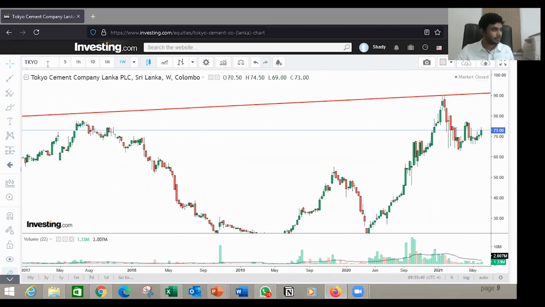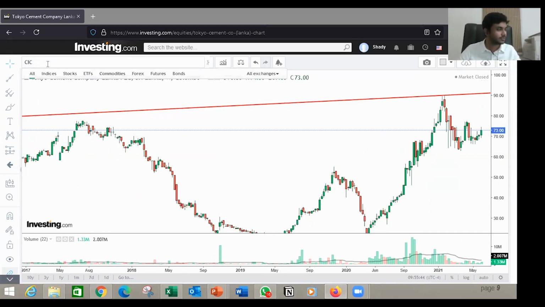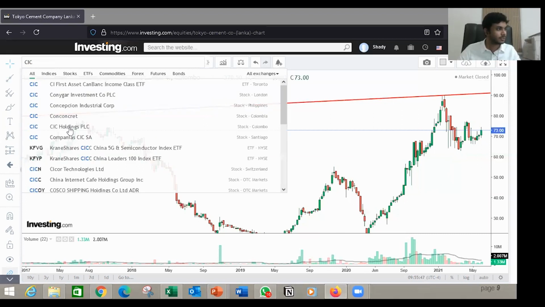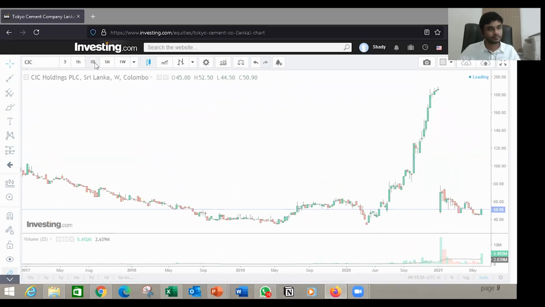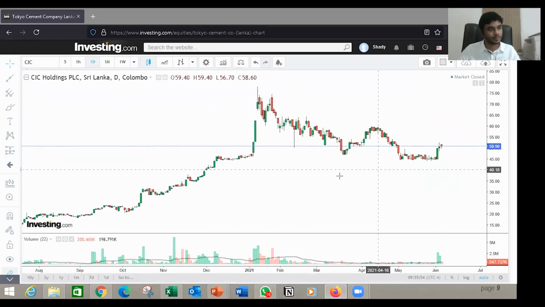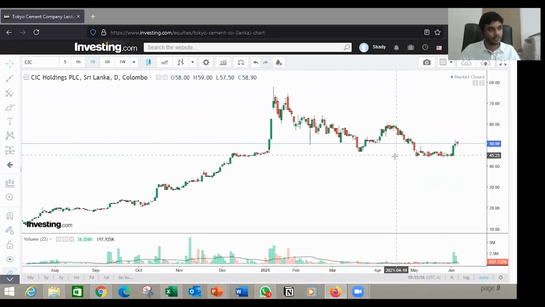Another example I can show you is CIC, which was interesting recently. So you can see this particular point where it indicated some support.